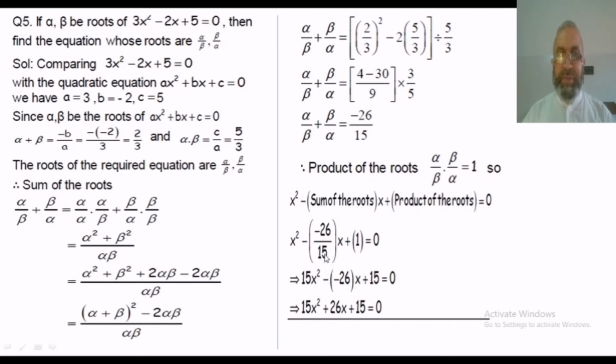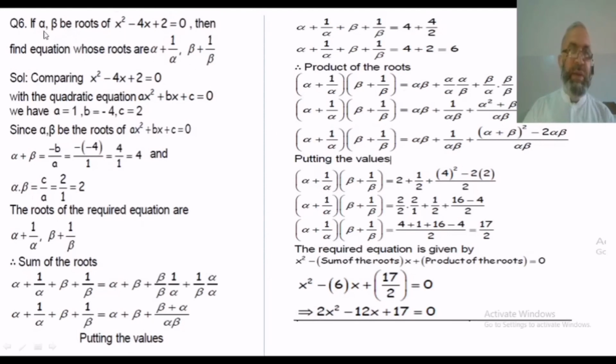Minus minus becomes positive, and multiplying both sides by 15, we get 15x square plus 26x plus 15 equal to 0, which is the required equation with the given roots alpha by beta and beta by alpha.